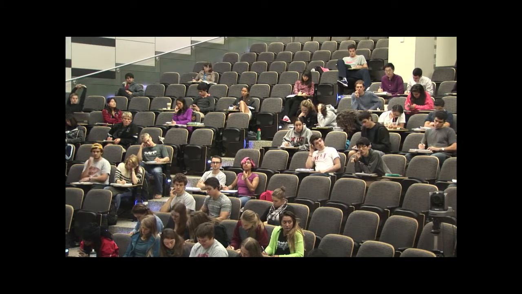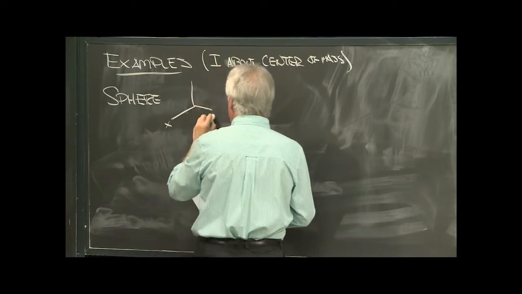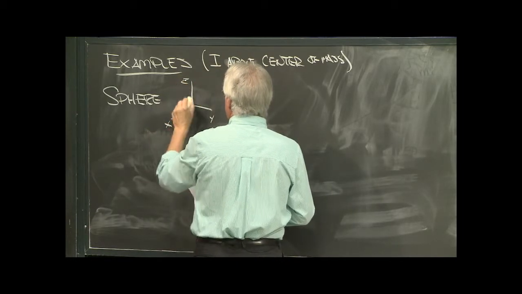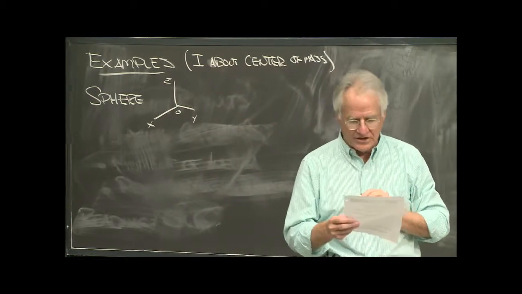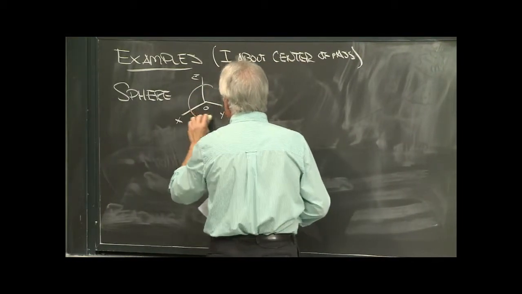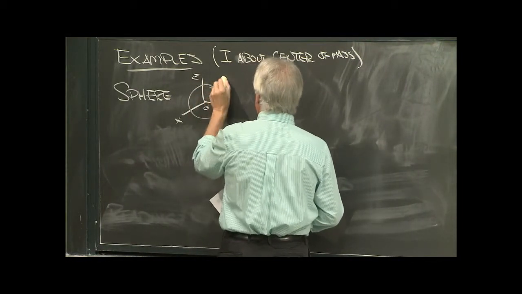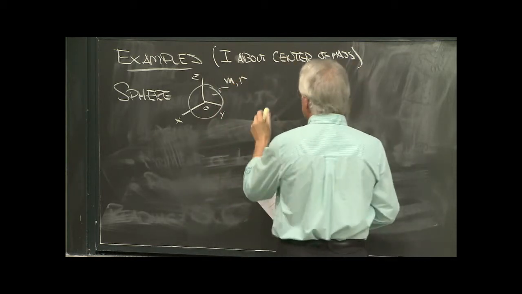The sphere is kind of, and what I'm going to do here is I'm going to draw little x, little y, little z, and little o, in each case. I'm drawing the body coordinate system, and this is an artfully drawn sphere of mass m and radius r.